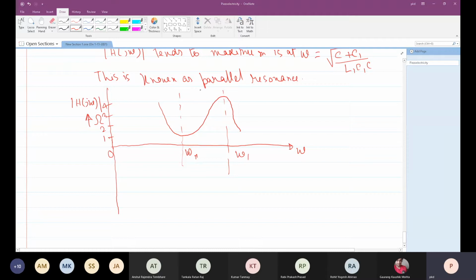So if we have in between, draw a line. The phase of this impedance function, this is plus 90 degree, minus 90 degree.